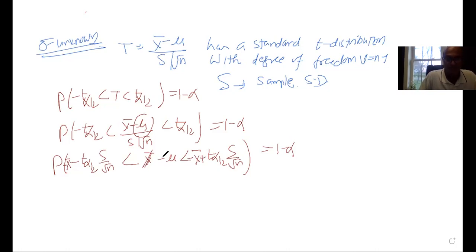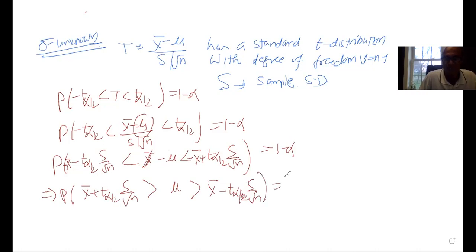Now I want to remove these negative signs, so multiply throughout by negative one, and I'm going to get P of x bar plus t alpha by 2 times s over square root of n is greater than nu is greater than x bar minus t alpha by 2 times s over square root of n.